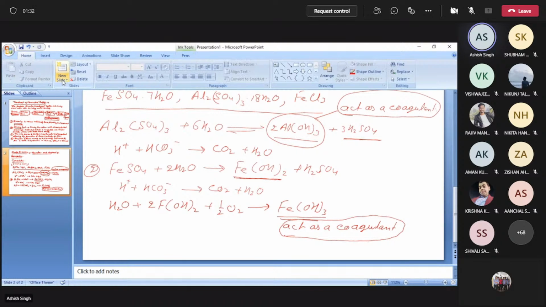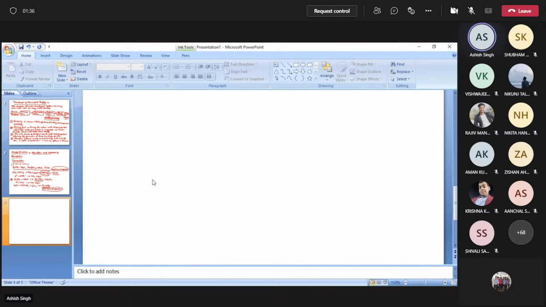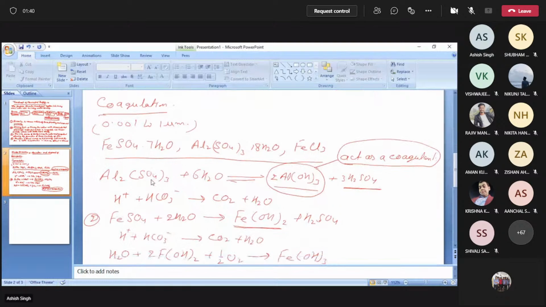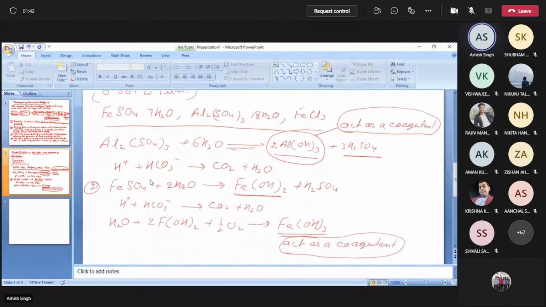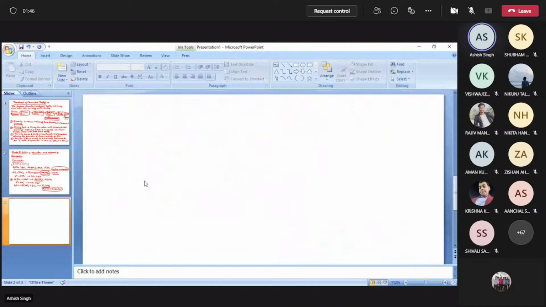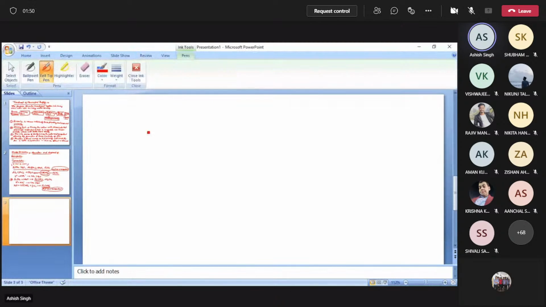Now another thing. It is necessary that before we use the coagulants, we control the pH.